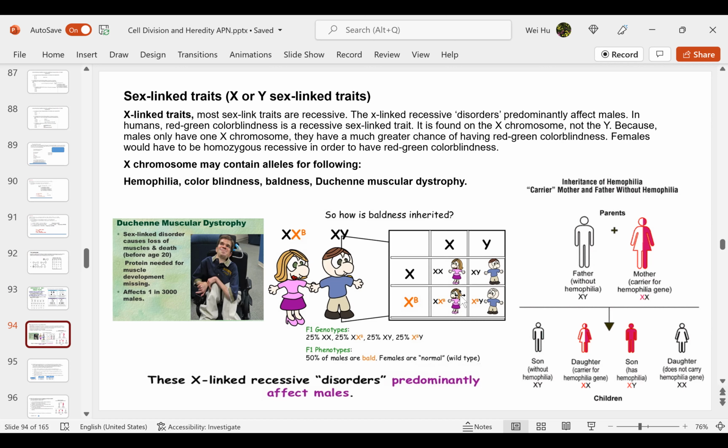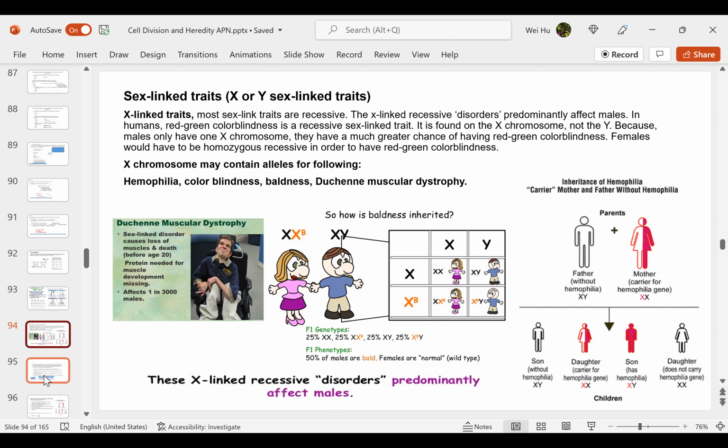From this experiment, you can see that X-linked recessive disorders predominantly affect men. The woman will not be affected as much. Same thing for hemophilia.